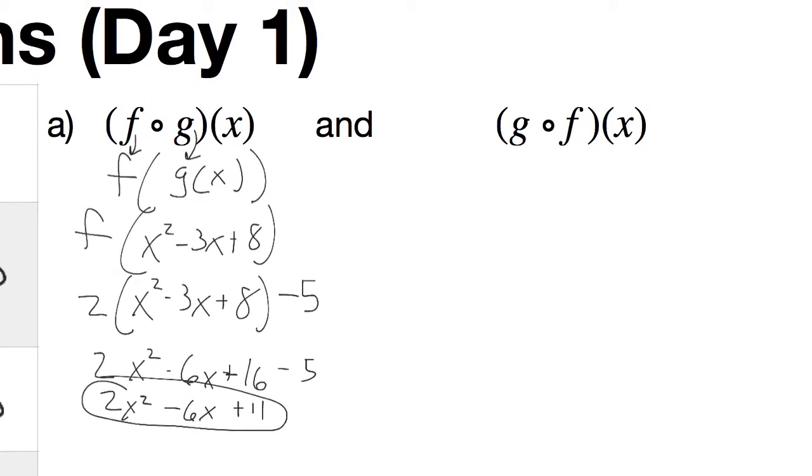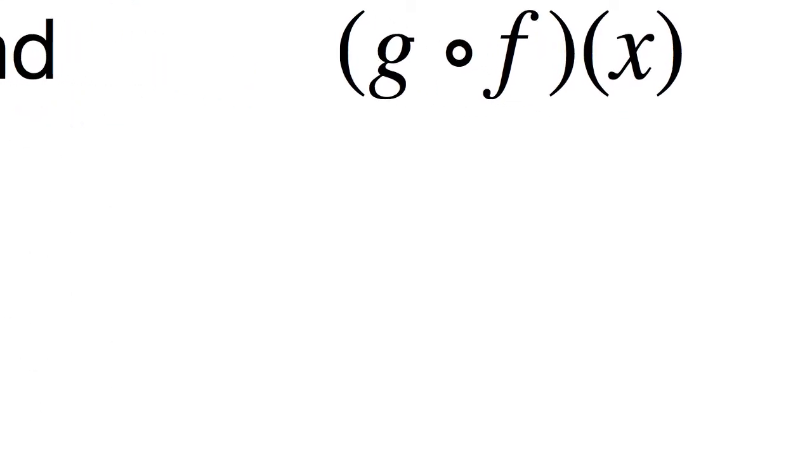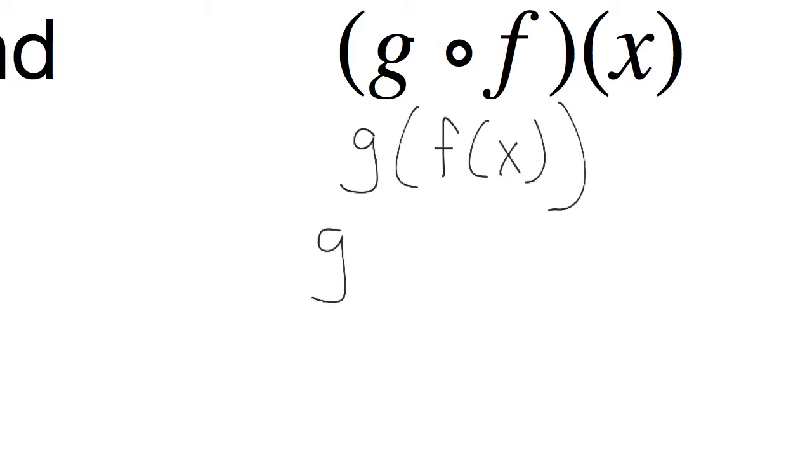Let's do the reverse. Let's find the composition of g in f of x. Well, same idea. We're just going to have g of f of x. What is f of x again? It's just 2x minus 5.